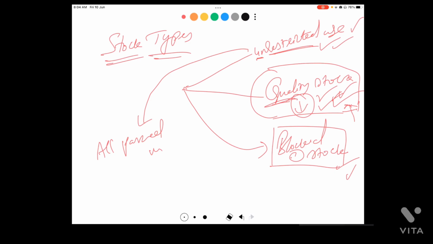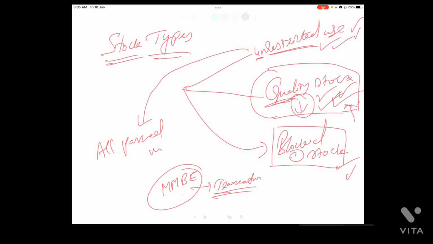Did you see MMB? In the MMB transaction, you can see this quality, unrestricted and block stock, right? Unrestricted stock we can use for any purpose.